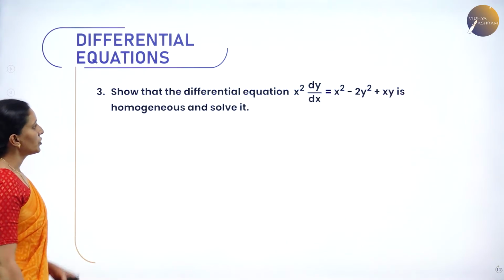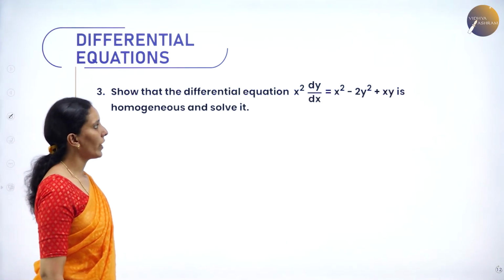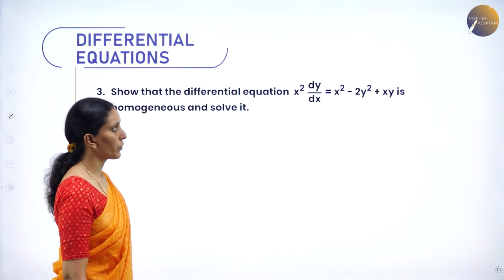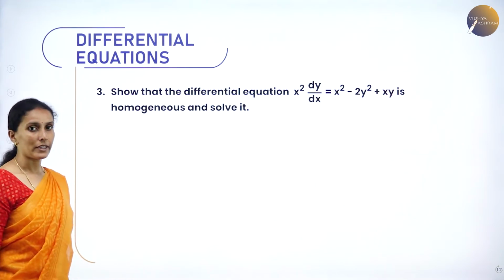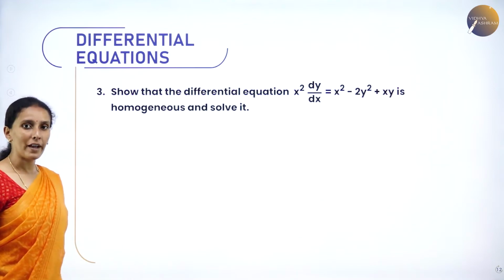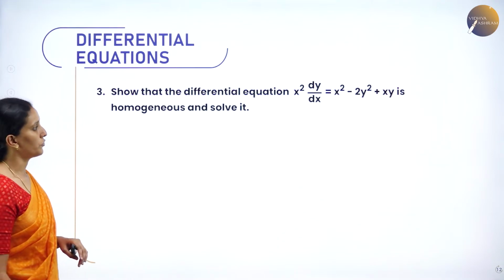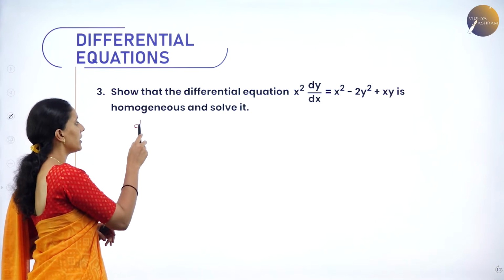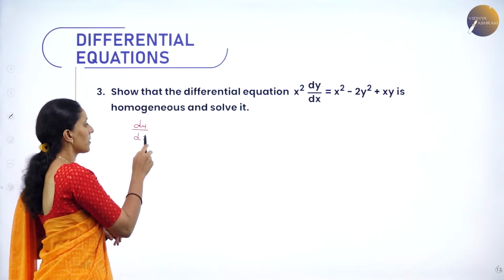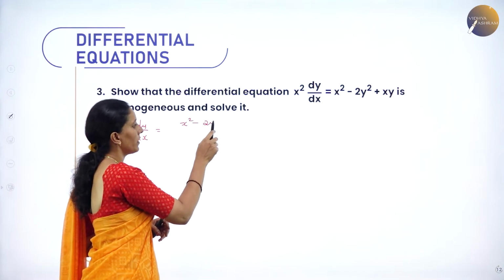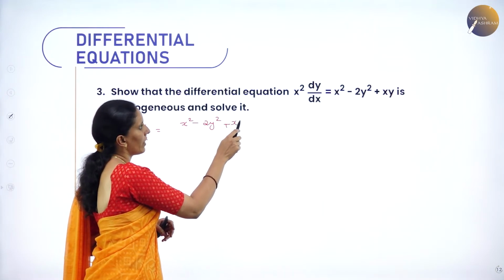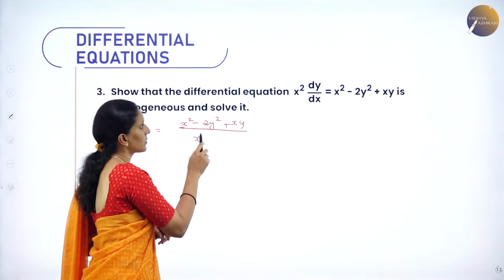Next question. Show that the differential equation x square dy by dx is equal to x square minus 2y square plus xy is homogeneous and solve it. So express it in the form of y by x, then it is proved that it is homogeneous. So let's write dy by dx is equal to x square minus 2y square plus xy divided by x square.